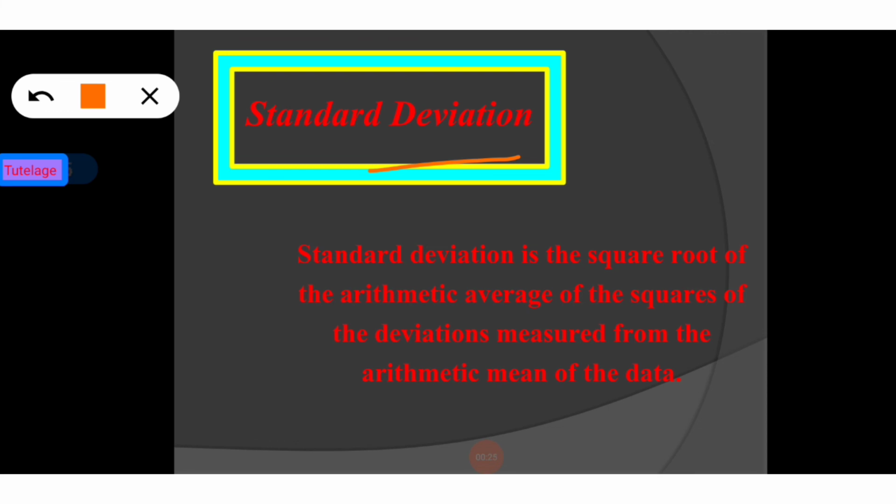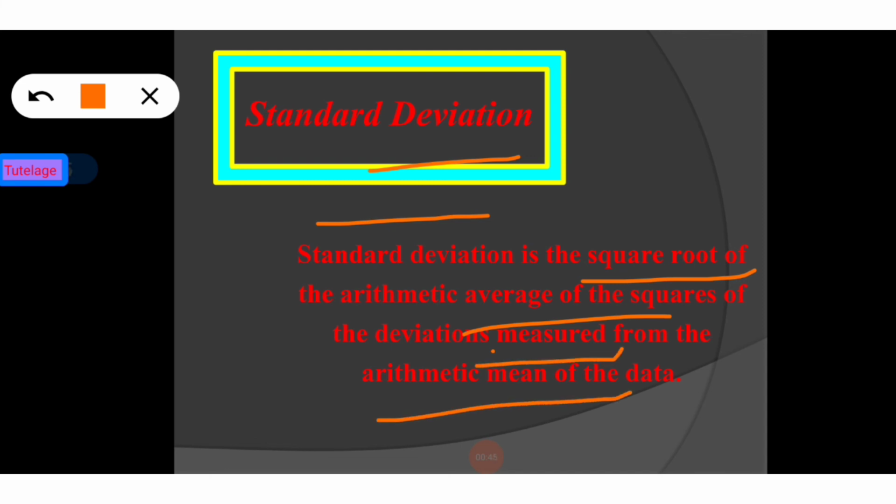But on the other hand, in the standard deviation we are taking the squares of the deviations. So that is the basic difference between the mean deviation and the standard deviation. So standard deviation is the square root of the arithmetic average of the squares of the deviations, which is measured from the arithmetic mean of the data.